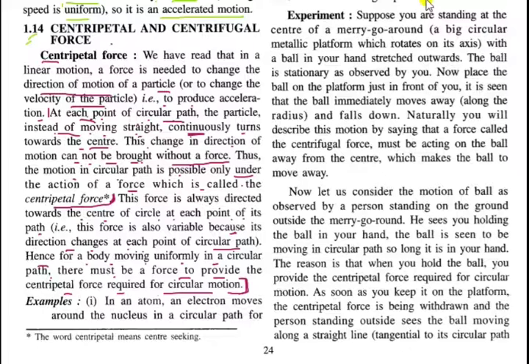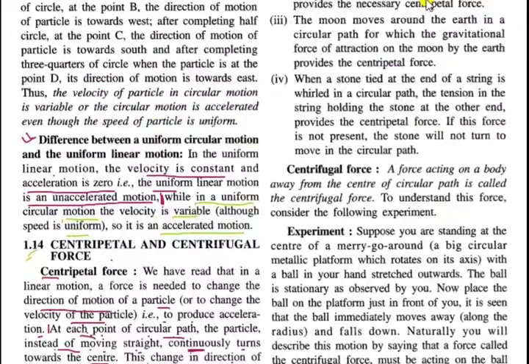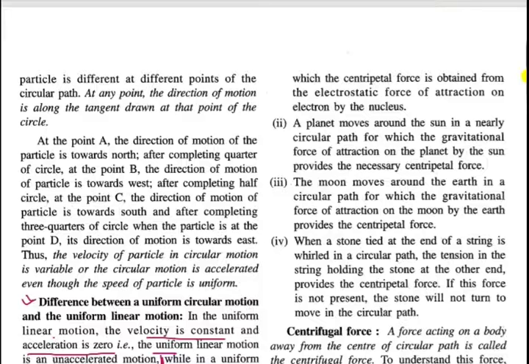Fine. Now examples. In an atom, an electron moves around a nucleus in a circular path. Okay, that we know. The centripetal force is obtained from the electrostatic force of attraction on the electron by the nucleus.